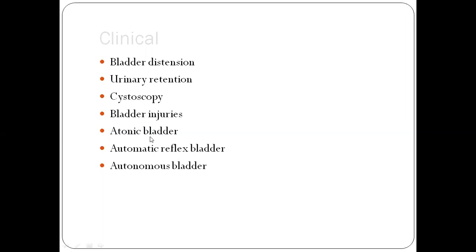So in case of atonic bladder, this occurs when spinal cord damage occurs, and after the spinal shock, the patient will go into the atonic bladder, and the bladder is not under the influence of the brain and the spinal cord.